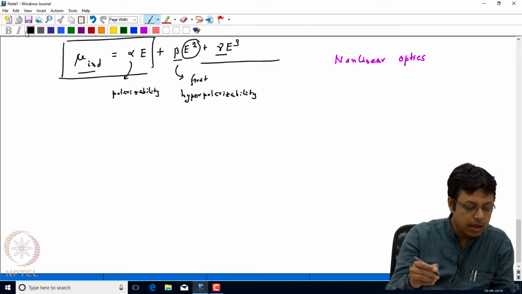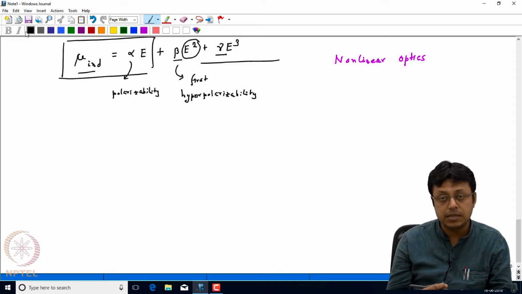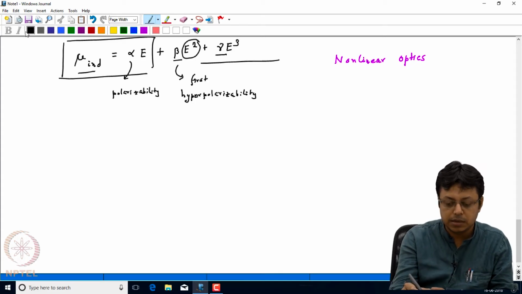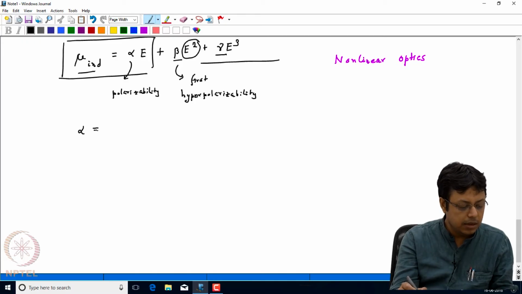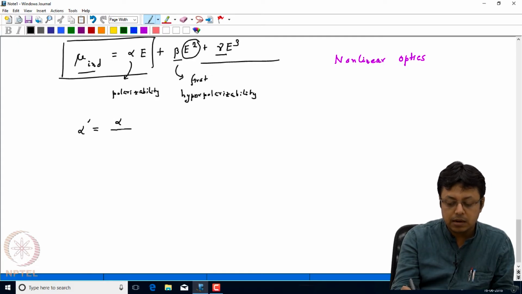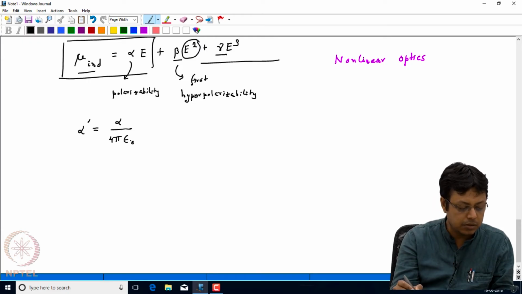Now, coming back to the linear polarizability, often we write the polarizability in terms of the polarizability volume, which is basically a reduced way of writing it. We define the entire polarizability by 4 pi epsilon 0, where epsilon 0 is the permittivity of vacuum.